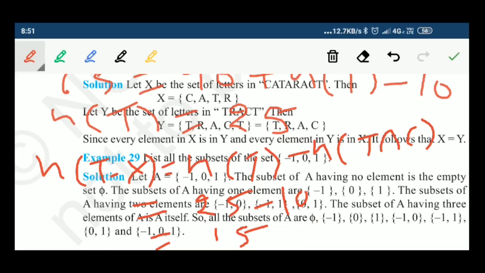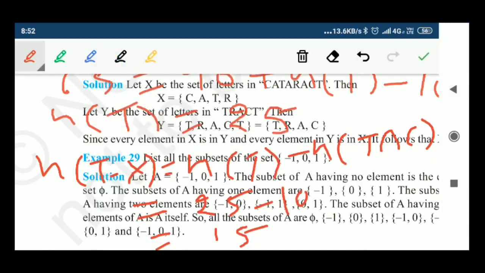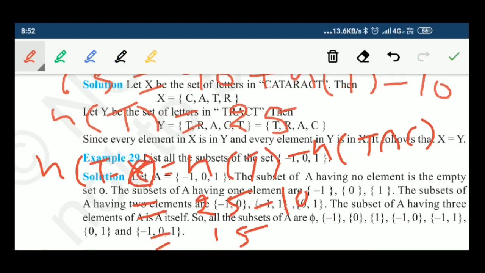So here we will use this identity: n(T) minus the intersection of T and C. So put the values of n(T) and the intersection, and you will get the value of those who like only tennis, not cricket. They are 15. With this, our exercise 1.6 has finished.